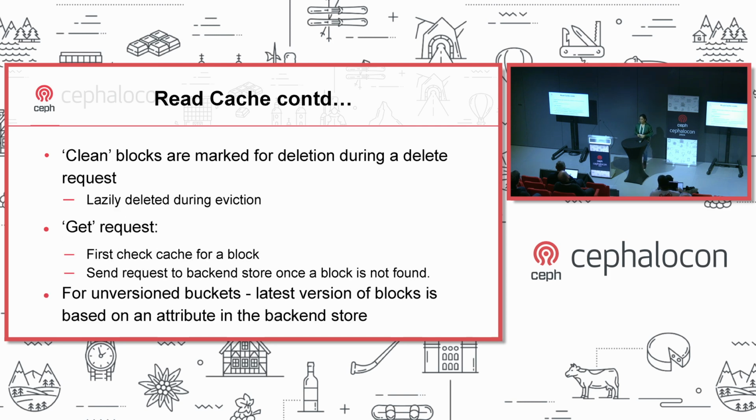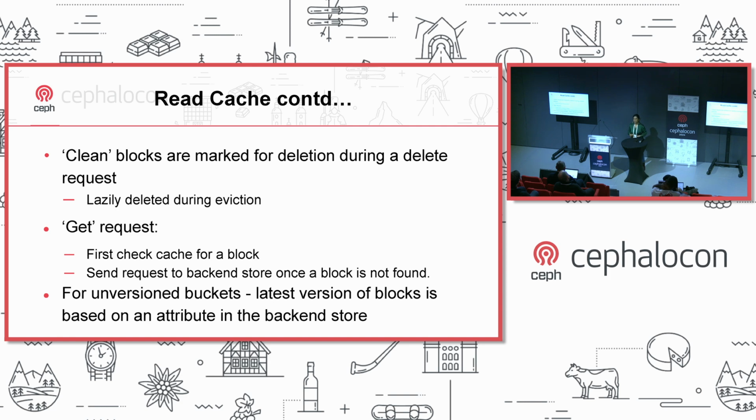So objects that are written to the read cache are clean blocks, and they are marked for deletion during a delete request. And later, they can be deleted during the eviction process when they've not been read frequently enough. And if we get a simple GET request, we just look it up in the block directory.